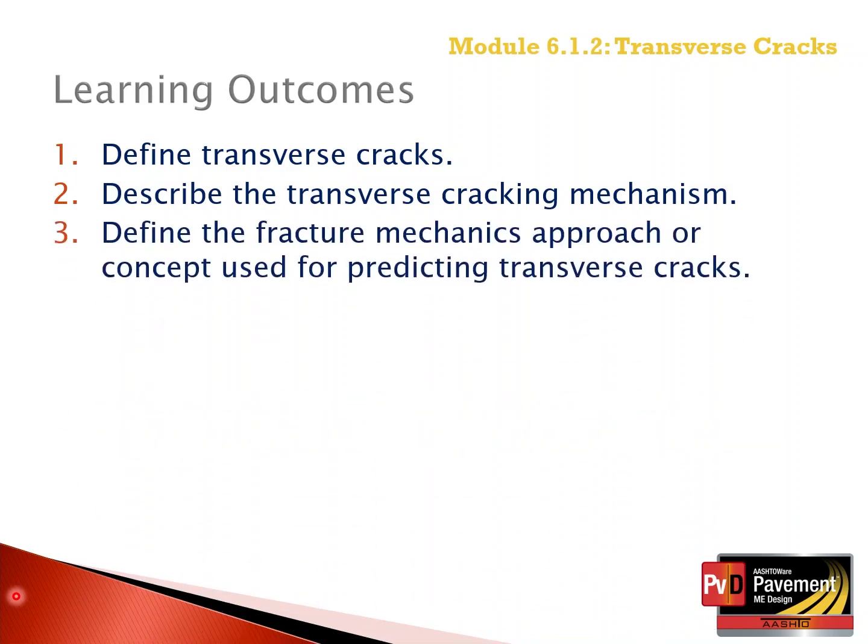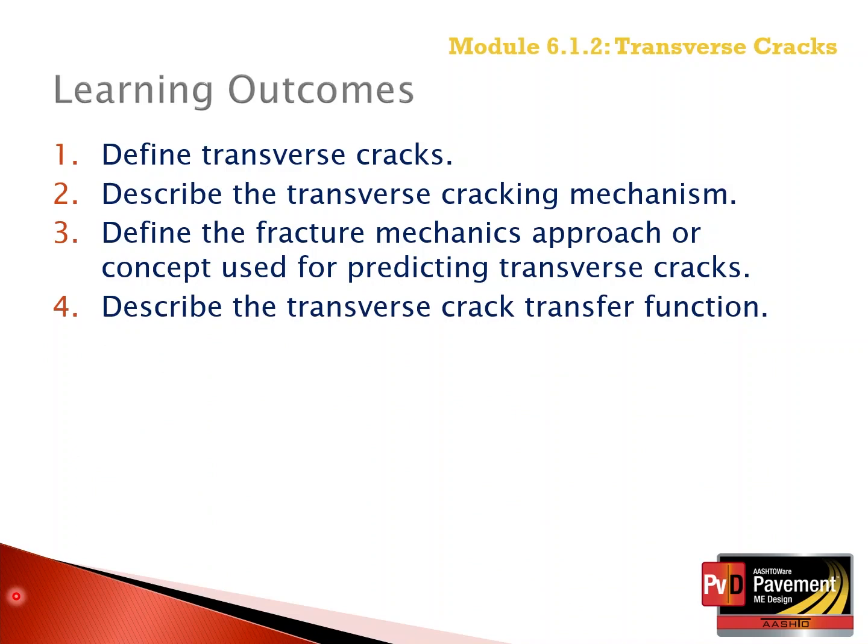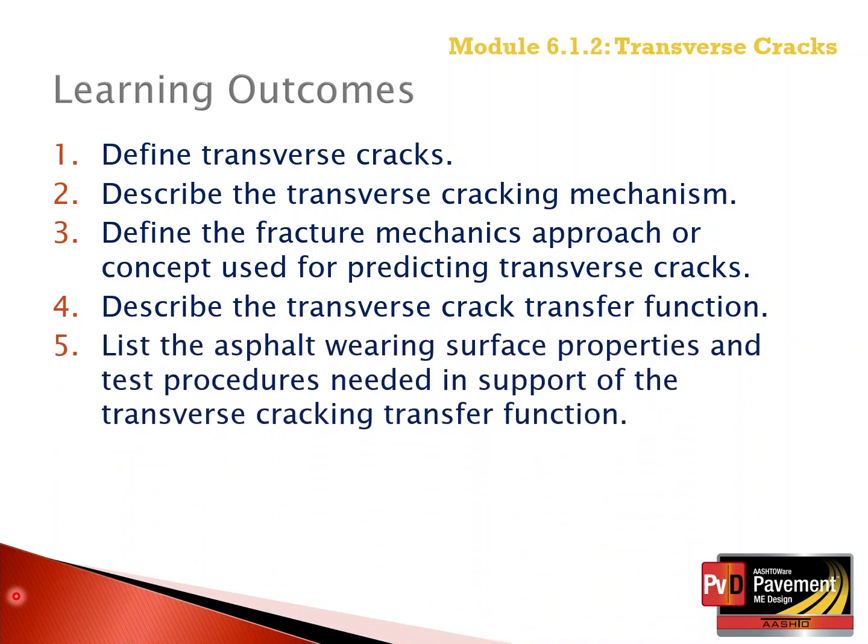Describe the fracture mechanics approach or concept used to predict transverse cracks. Describe the models and transfer functions used to predict transverse cracks. And finally, list the asphalt wearing surface property and test procedures needed in support of the transverse cracking transfer function.